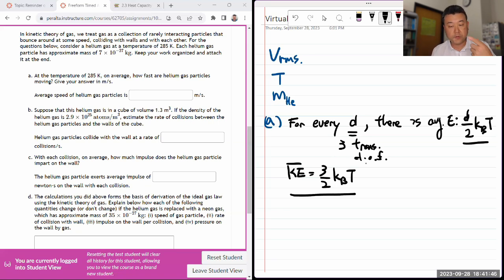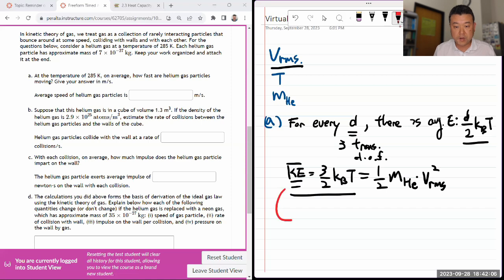To relate from here to the actual speed, you would use the concept of RMS speed. You would say this average kinetic energy is 1/2 the mass of the particle times the RMS speed squared. So solve this expression for the RMS speed.